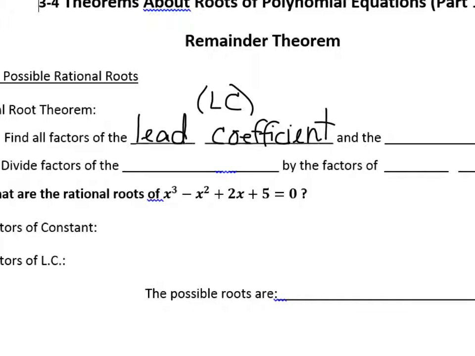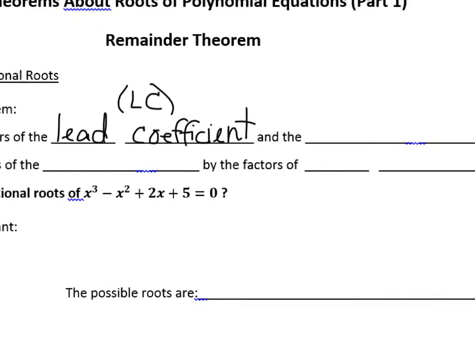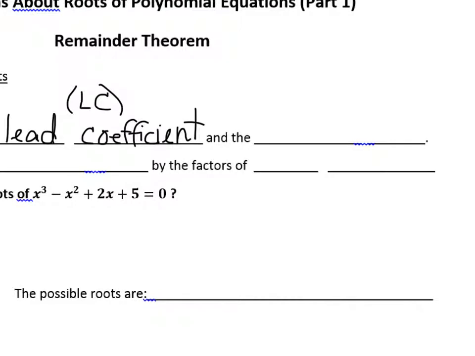And we're also going to find factors of the constant term. Remember, the constant term is the number that's all by itself.